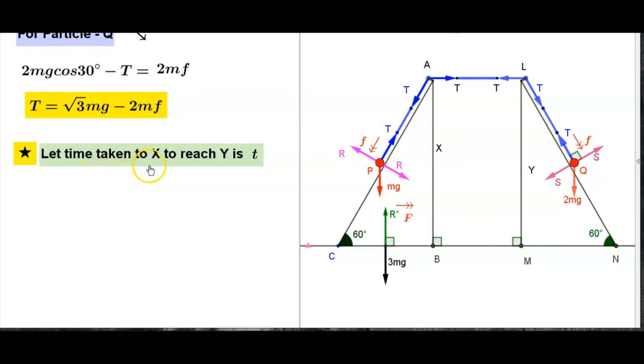Let the time taken for X to reach Y be t.